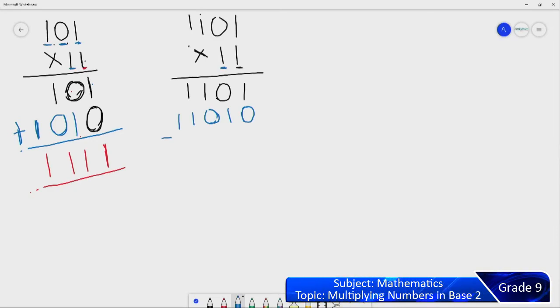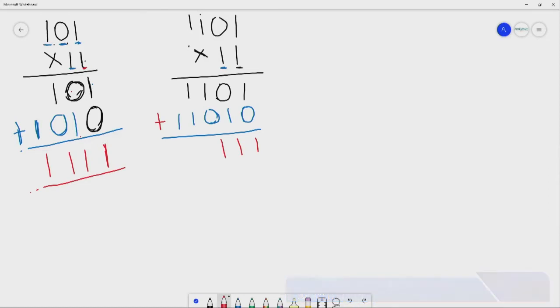Next step requires us to add. So 1 plus 0 is 1, 0 plus 1 is 1, 1 plus 1 is 2. But because we're dealing with the base 2 number system, we can't put the 2 in.